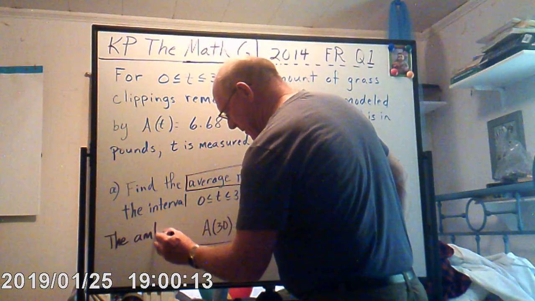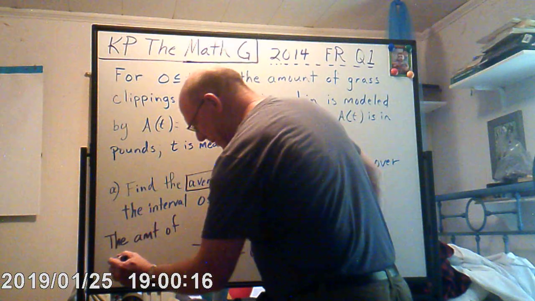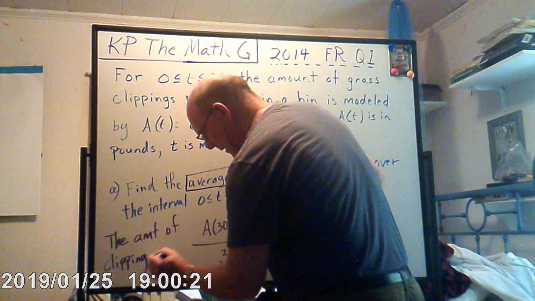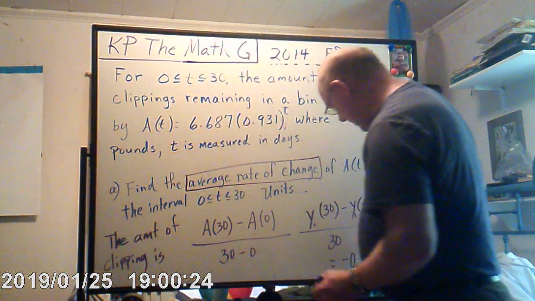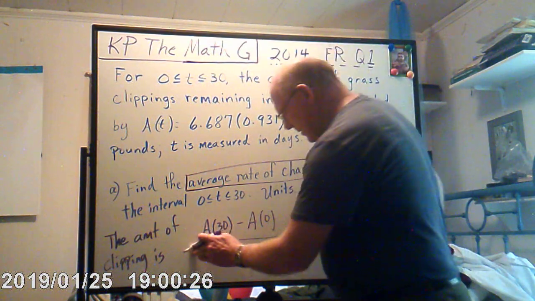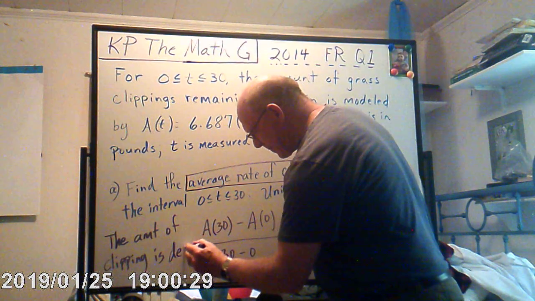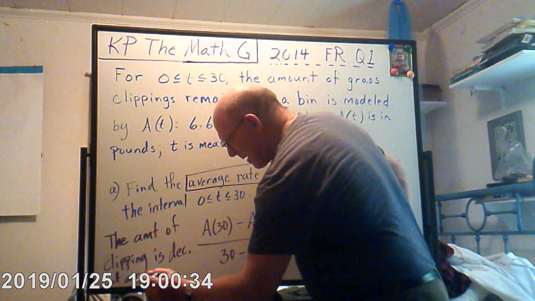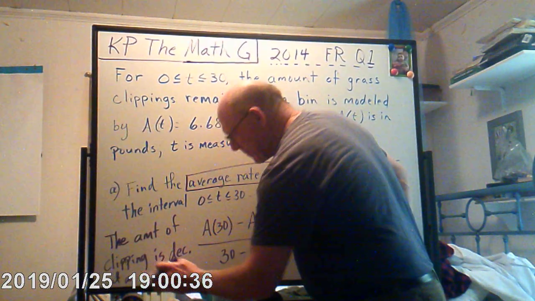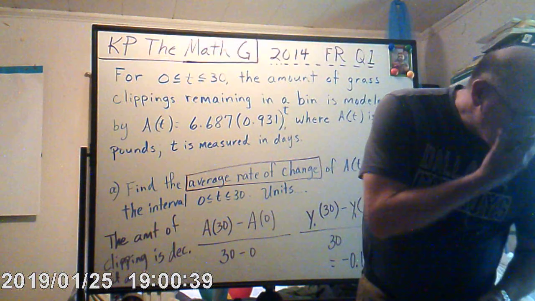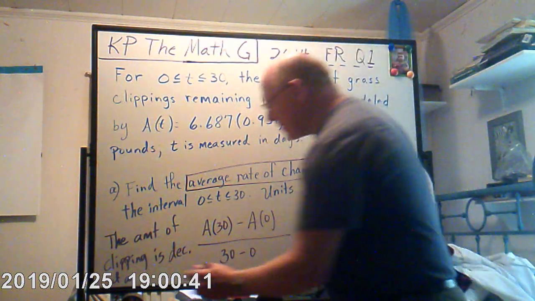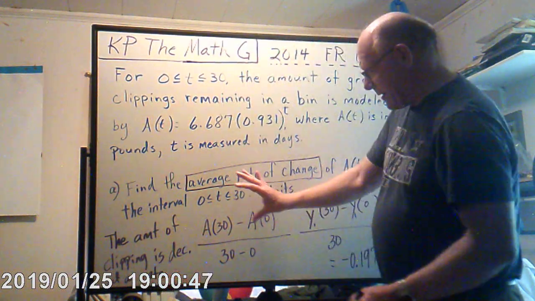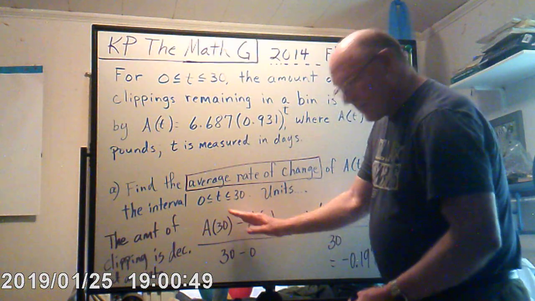The amount of grass clippings is decreasing, since negative means decreasing, at a rate of, and yes, it is a rate, because that's what you're finding.